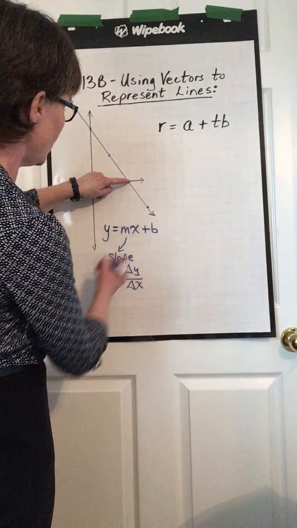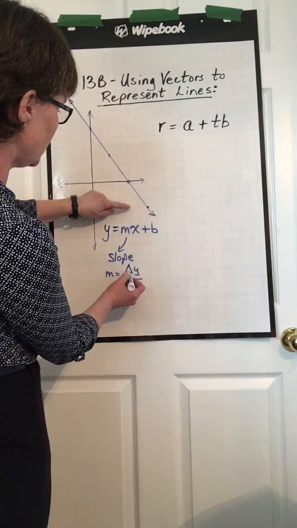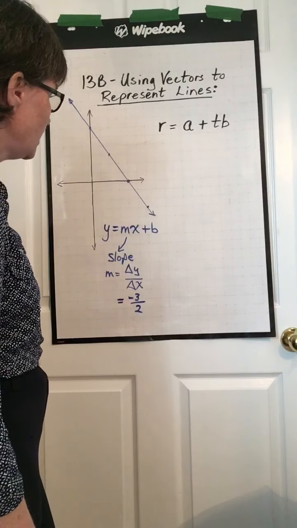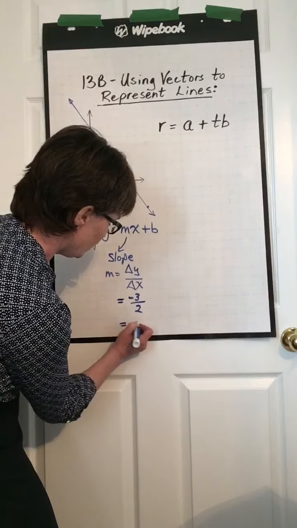We could determine the slope of it by starting with any point, then going to any other known point, taking the difference in the y, which is down 3, and the difference in the x, to the right 2. So in this case, that is negative 3 for delta y, and positive 2 for delta x. So therefore, that slope is negative 3 over 2.